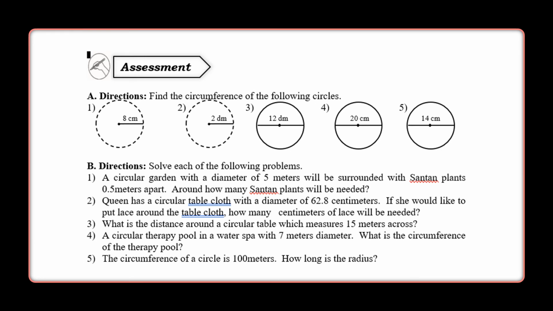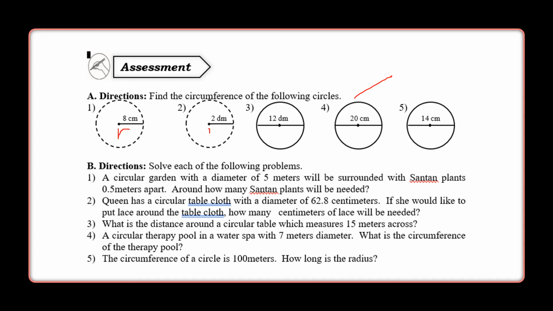Now, let's proceed to the assessment. In assessment, we need to find the circumference of the following circle. So in letter A, that is the direction. Find the circumference of the following circle. So here, in number 1, the given is the, what do you call this? The radius.